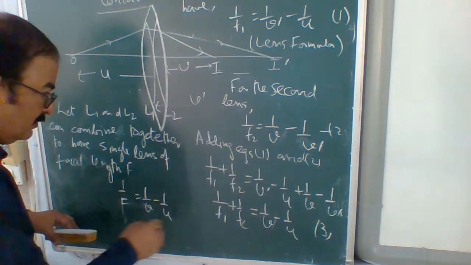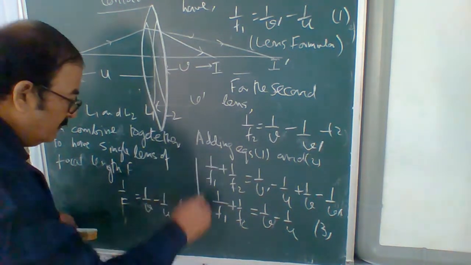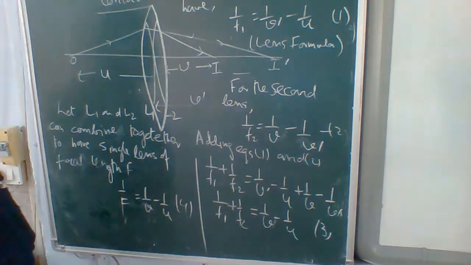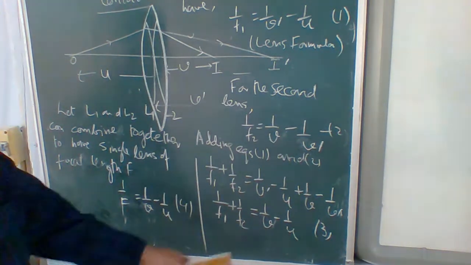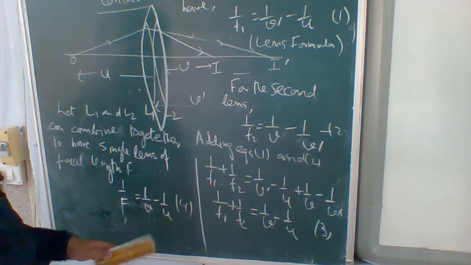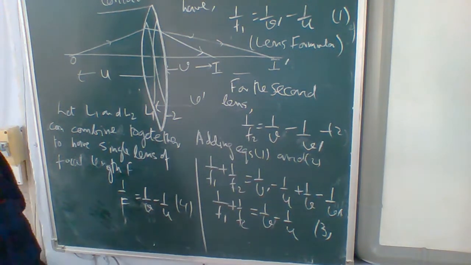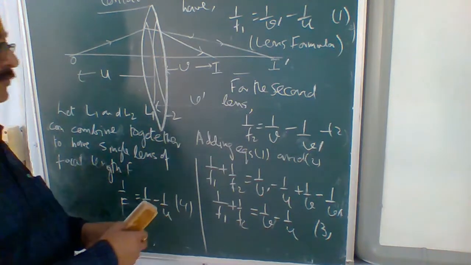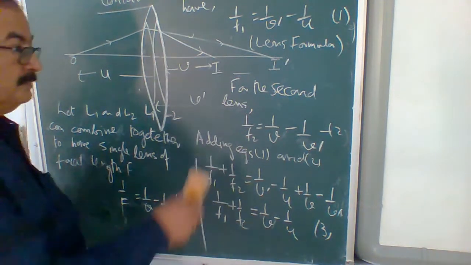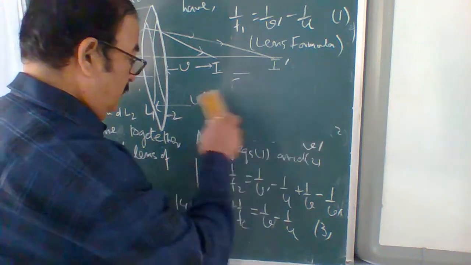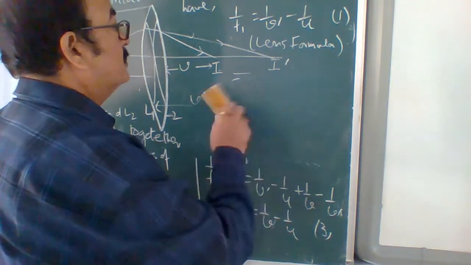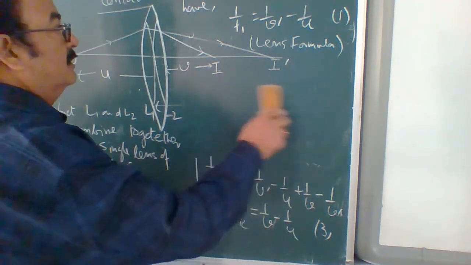This is your equation number 4. We have seen equation 3, we have seen equation 4. Their right hand side is the same, but the left hand sides are different. Let us compare equation numbers 3 and 4. I am not removing this diagram at any cost.